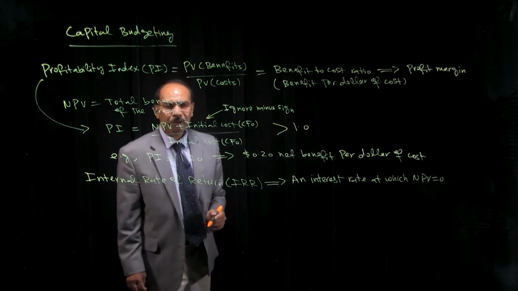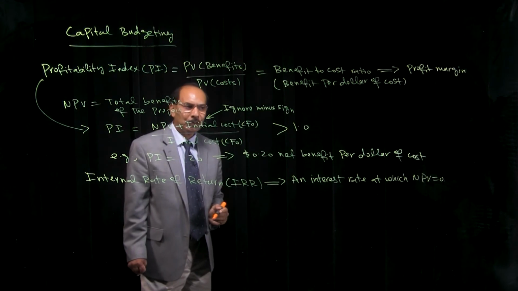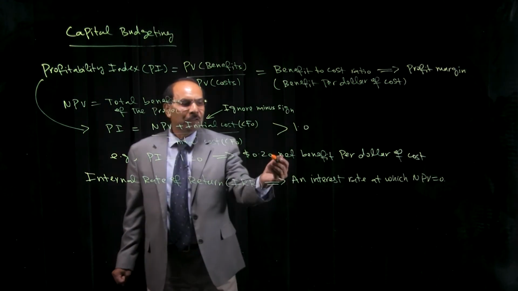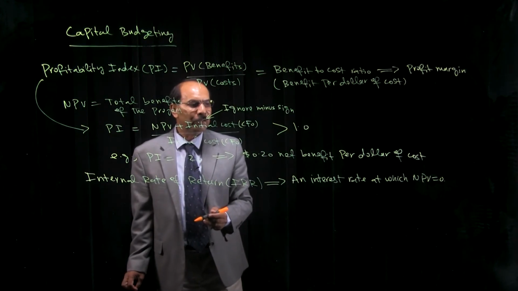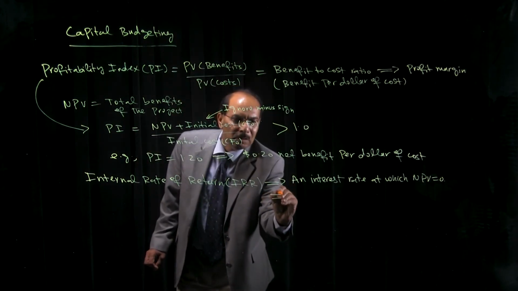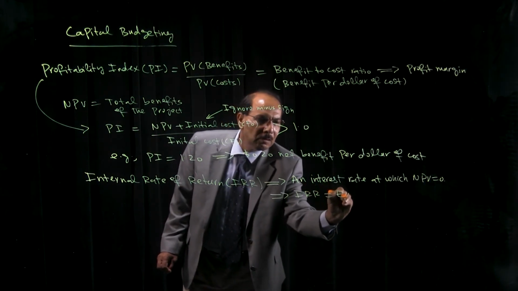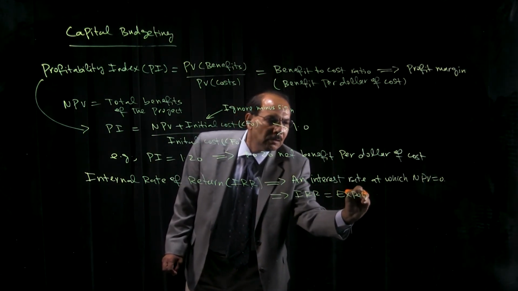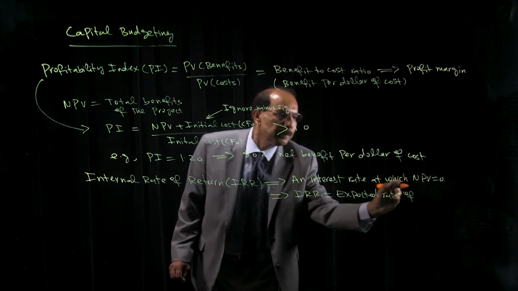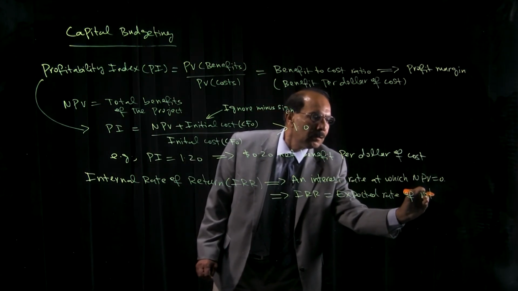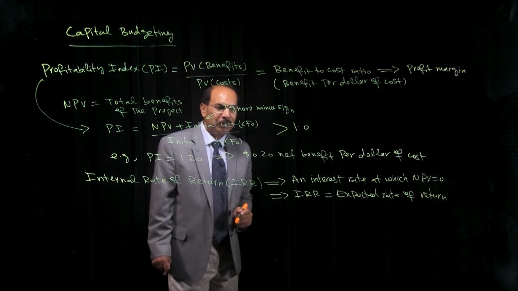By definition, this is going to be an interest rate at which net present value is going to be 0. So we work still with the same formula we used to find the net present value. So IRR is going to be our expected rate of return.